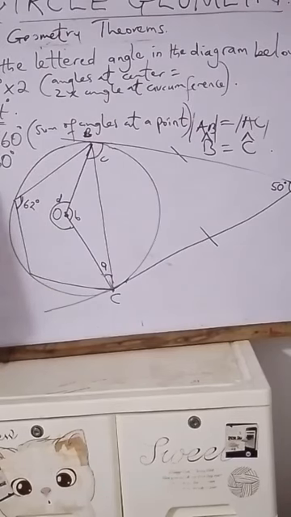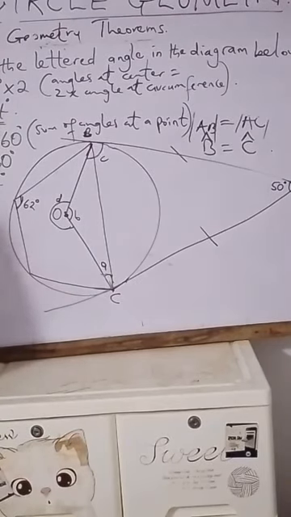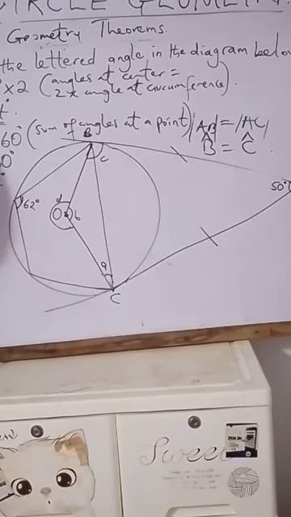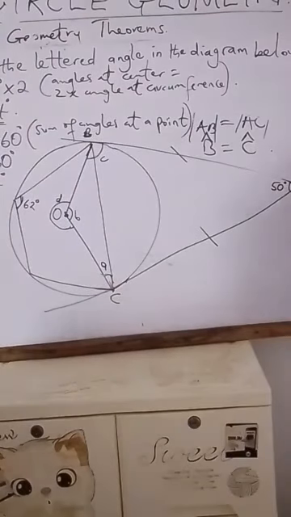D is 360 minus 124, that is 236 degrees. That is angle D.